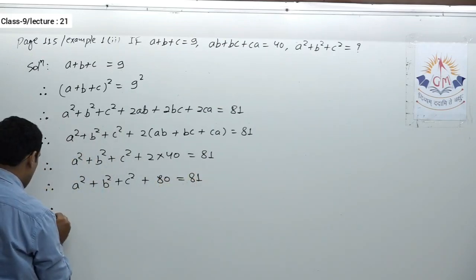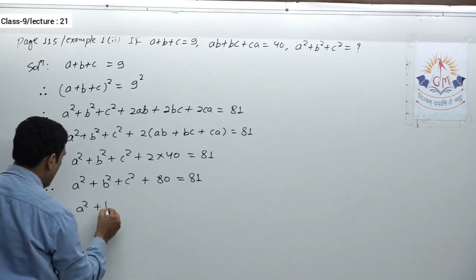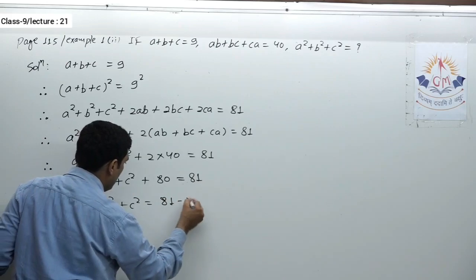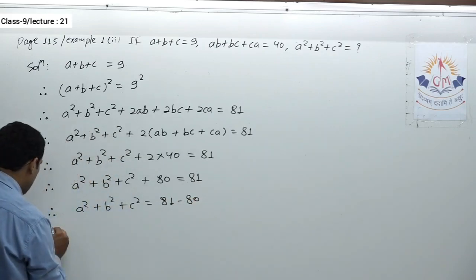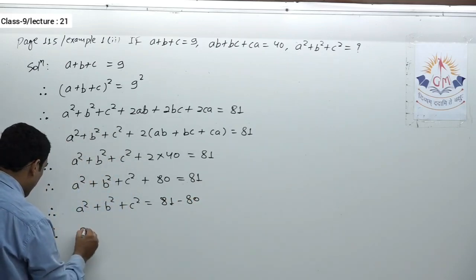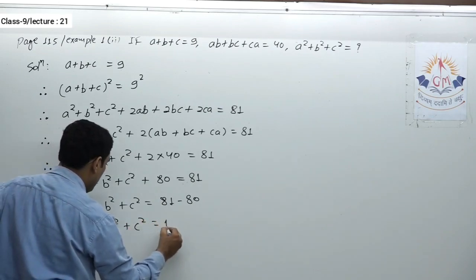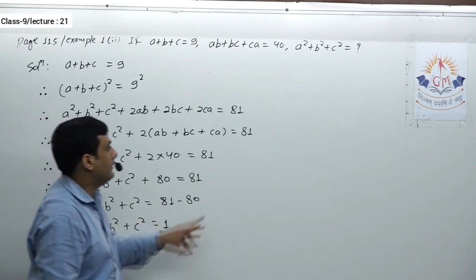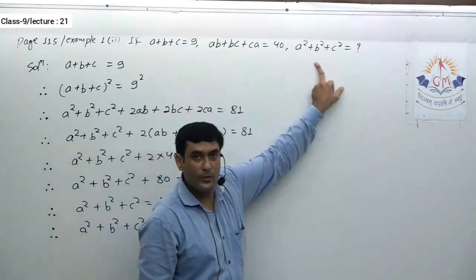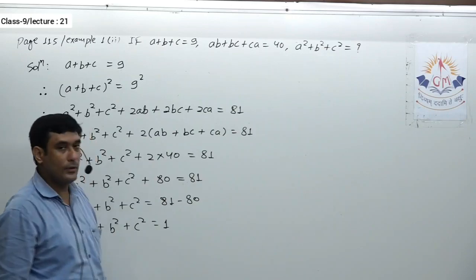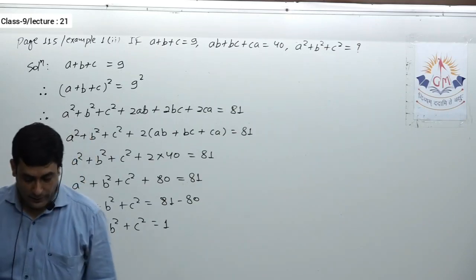So ultimately I get a² + b² + c² is equal to 81 minus 80. So the final answer, a² + b² + c², is equal to 1. This was asked, to find a² + b² + c², that is equal to 1. So please note it down, then we will see the next question.